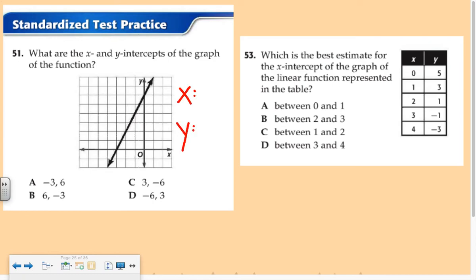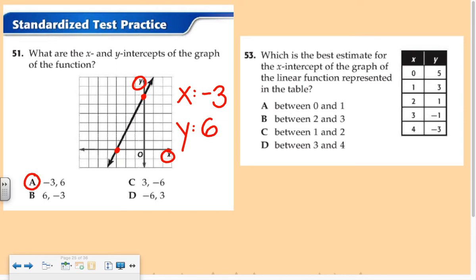Here is our x, here is our y. So our line crosses the x-axis right here, which is -3. And our line crosses the y-axis right here, which is 1, 2, 3, 4, 5, 6. So which one has -3 and 6?